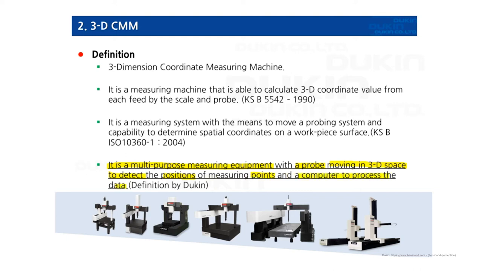If you look at it, all these definitions are mentioning a probe here, and this one, a probing system. So we can all assume the probe is a very important component for CMM.